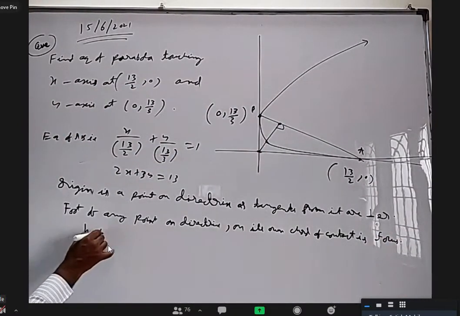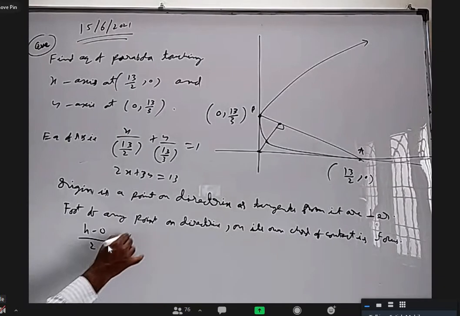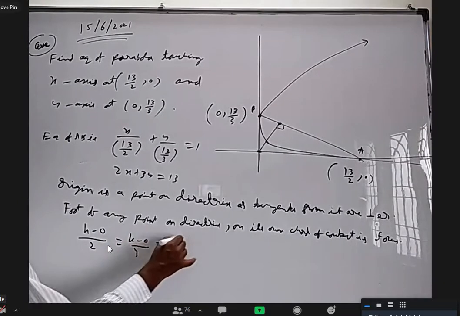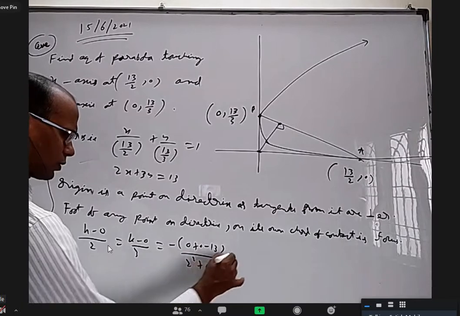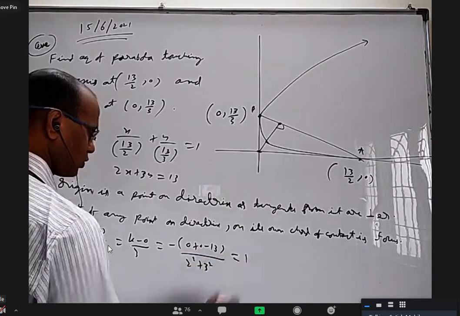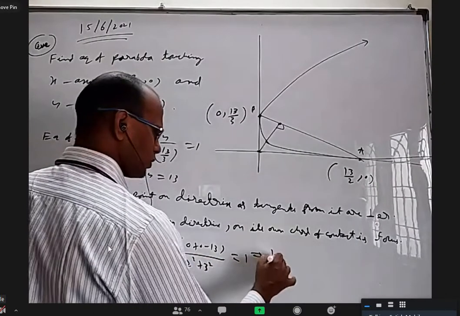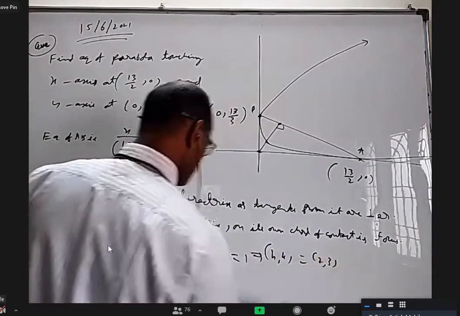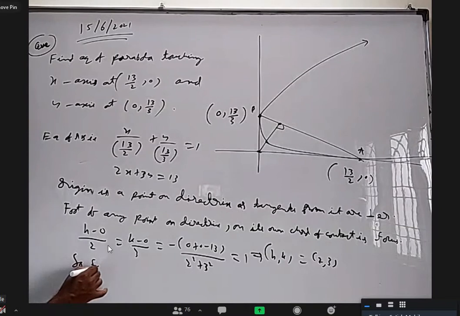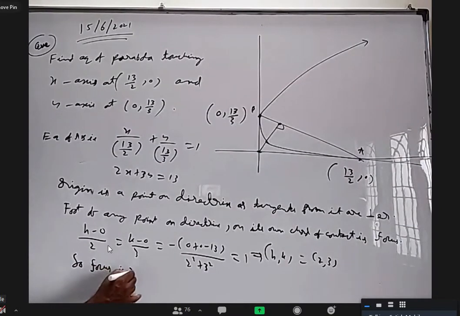So (h minus 0) by 2 equal to (k minus 0) by 3 equal to minus of (0 plus 0 minus 13) by (2 square plus 3 square), which is 1. From this you'll get (h, k) is (2, 3). So focus is (2, 3).